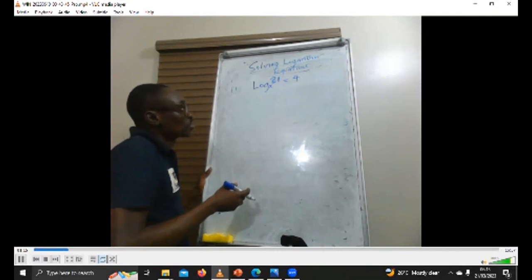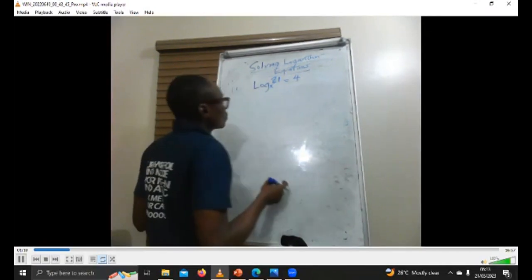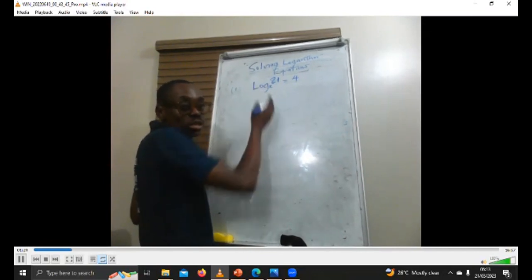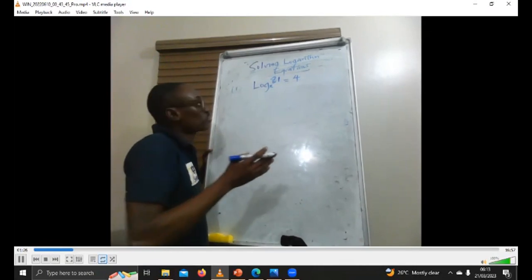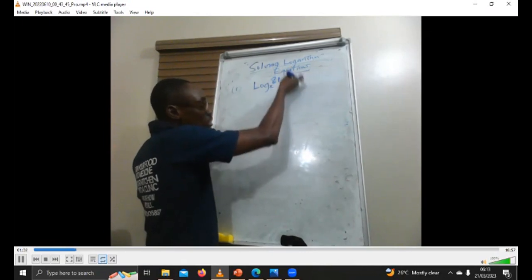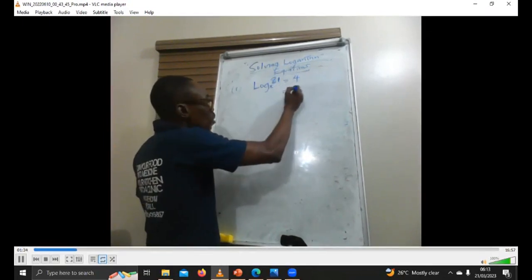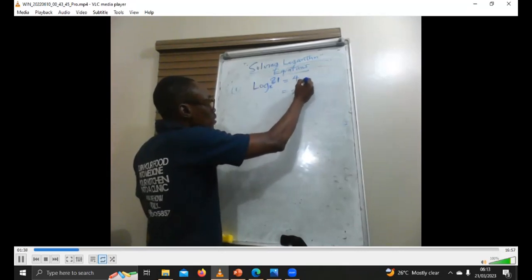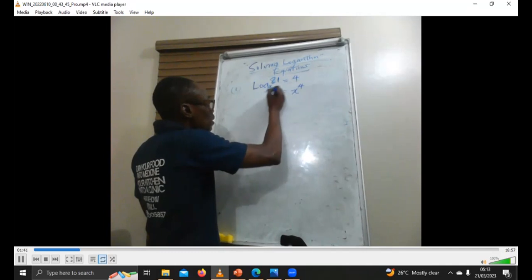So we first have to convert this from the logarithmic form to the index form. In the index form, this base x is going to go and raise this 4. It is going to become the base in the index form. So you have base x raised to power 4 equals 81.